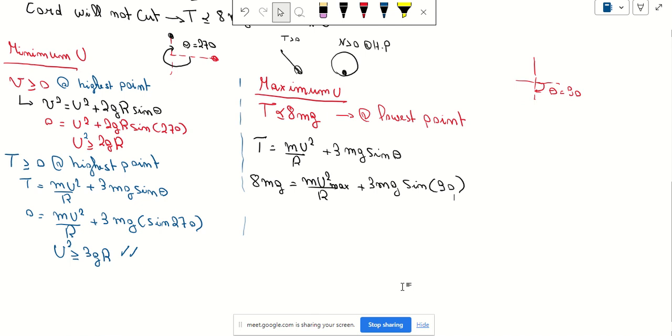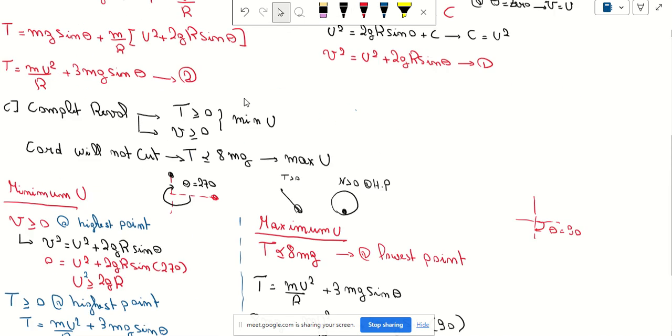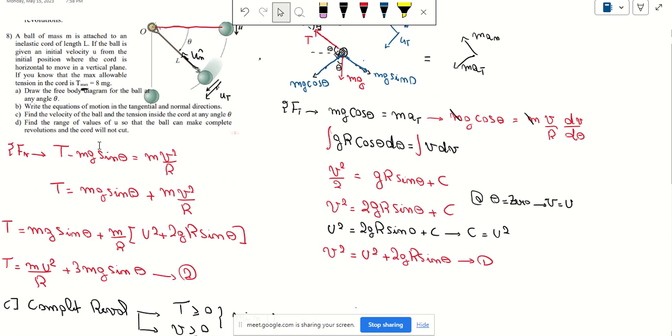You will find that u max squared is equal to 5gr. Okay, so he was looking for the range of values of u.